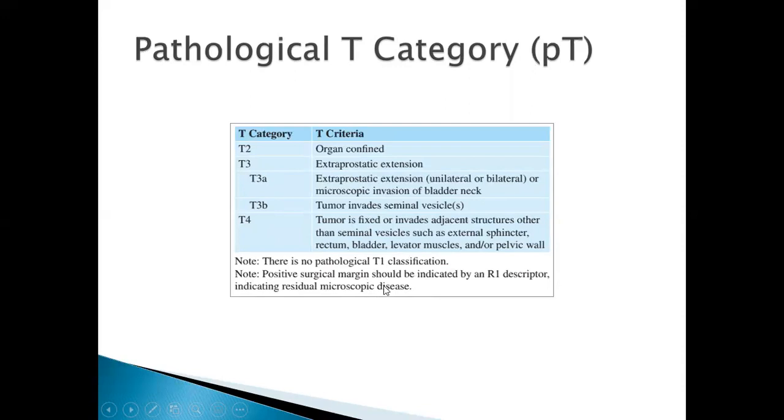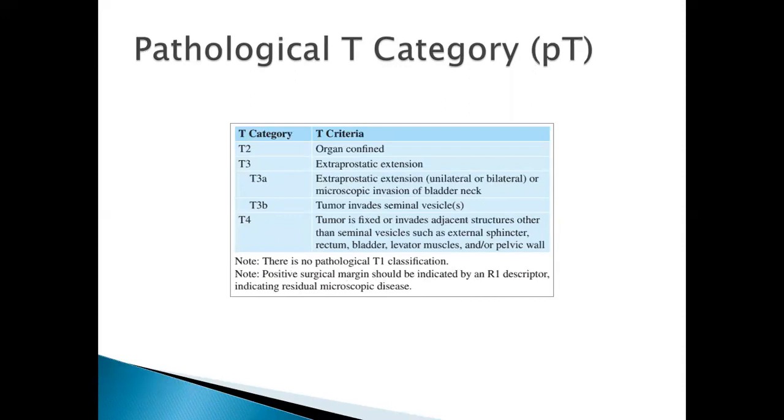So basically, we don't assign the descriptors, okay. The physicians can, we do not record that, but they're basically stating that positive surgical margins doesn't have anything to do with the staging, okay?